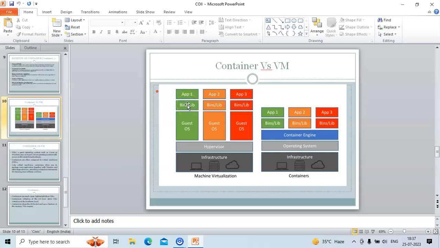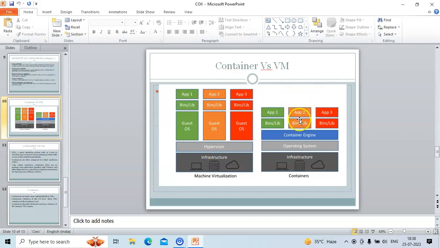So different virtual machines can have different operating systems also. For example, in a physical system you have Windows, and in a guest operating system you have put Linux, and in another you have used CentOS. So different operating systems can be put in a single system using the hypervisor. This concept is known as machine virtualization.